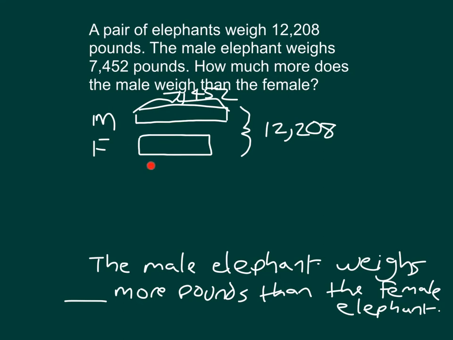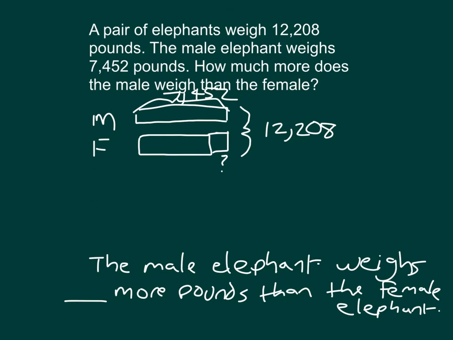It's not asking me to figure out the weight of the female elephant as my final answer. It's asking me to figure out how much more the male weighs than the female. So my question mark is actually right here, where it is the difference in between the male and the female.